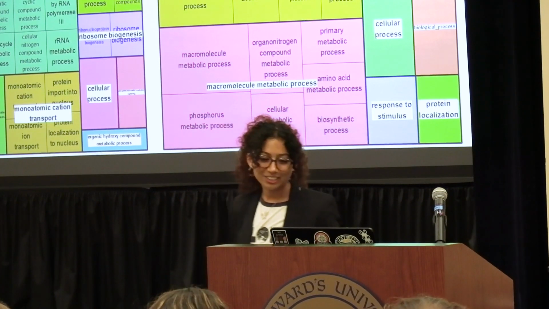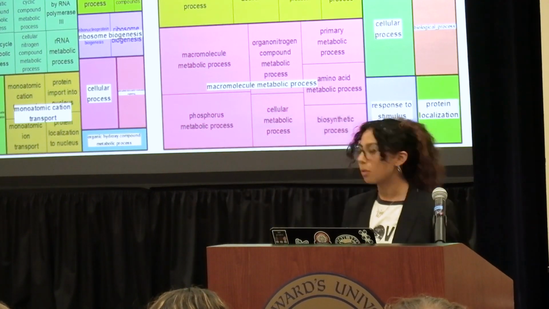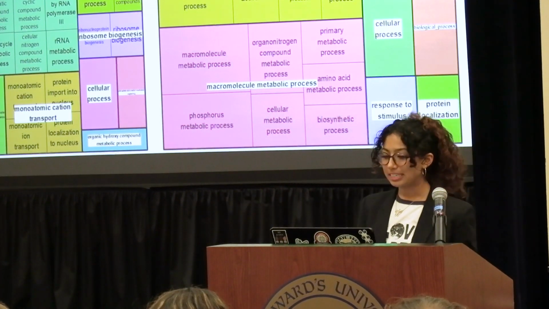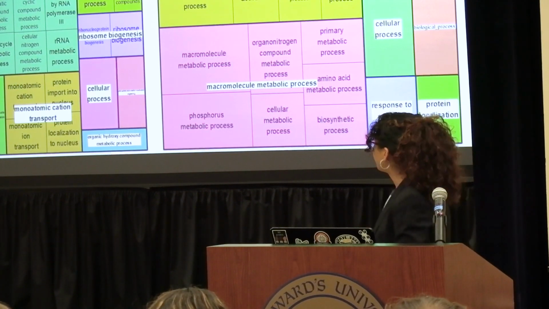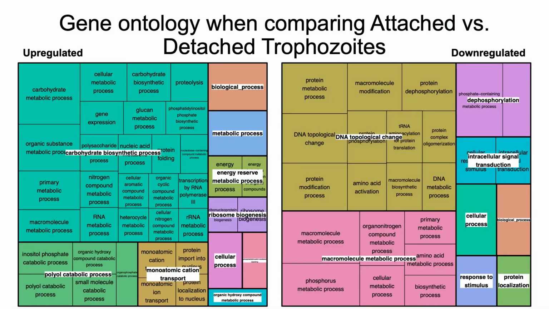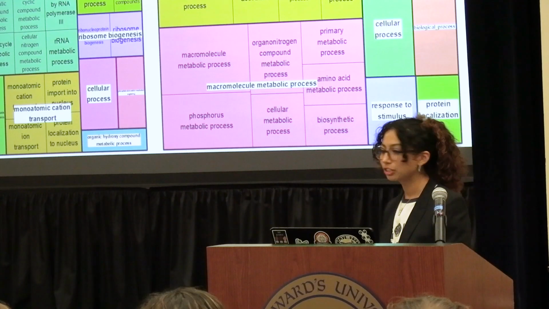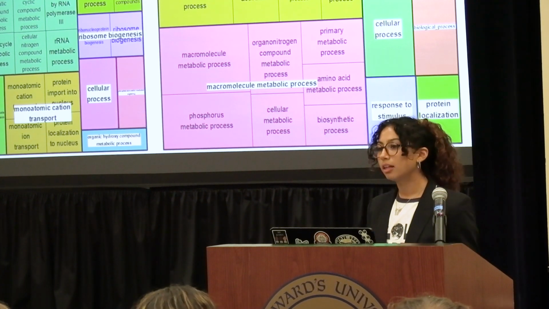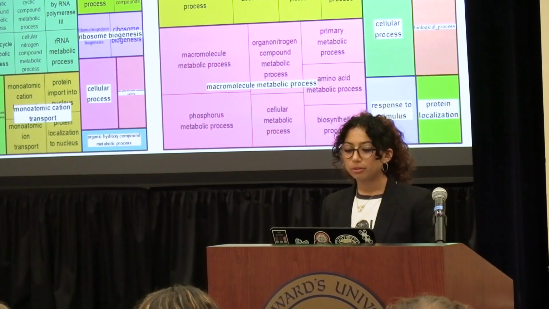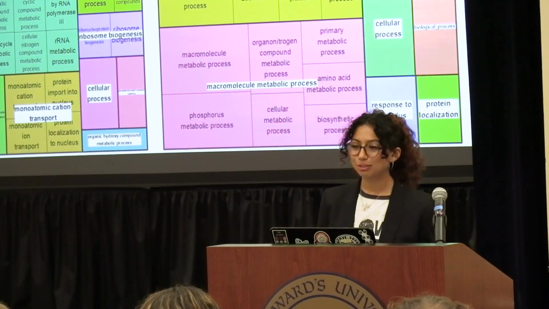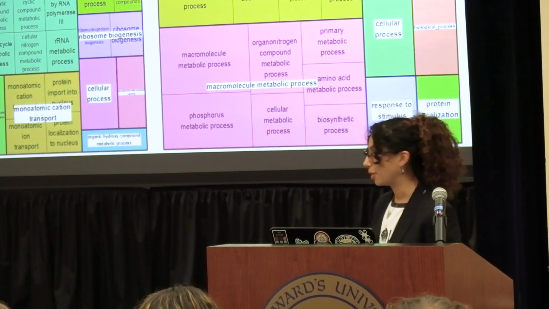Now, looking at our gene ontology figure for the attached versus detached trophozoites, looking at the upregulated, so these are genes that are going to be more expressed in attached trophozoites than in detached, we see a lot more metabolic associated genes, polyol catabolic process, energy reserve metabolic process, to name a few.